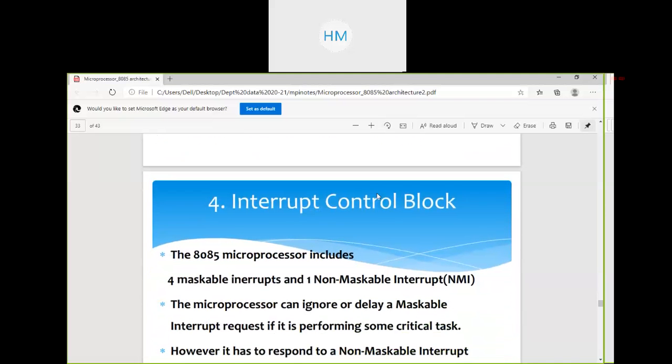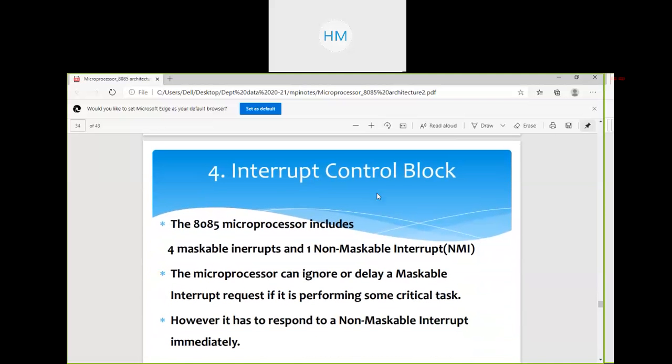Next is the interrupt control block. We have discussed this. There are 5 interrupt signals and 1 acknowledgement signal, INTA bar. These interrupts are classified as 4 maskable interrupts and 1 non-maskable interrupt. The microprocessor can ignore or delay a maskable interrupt.